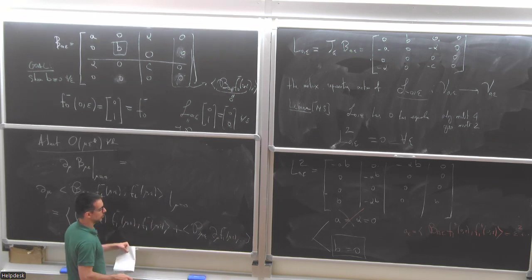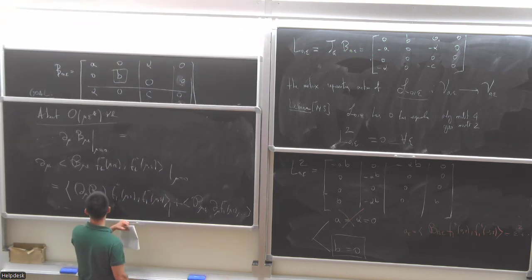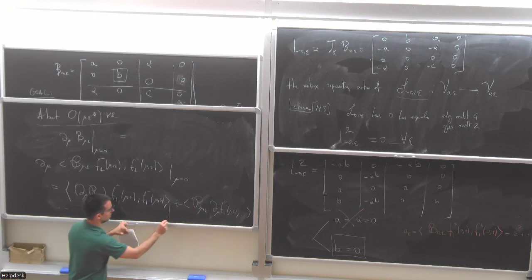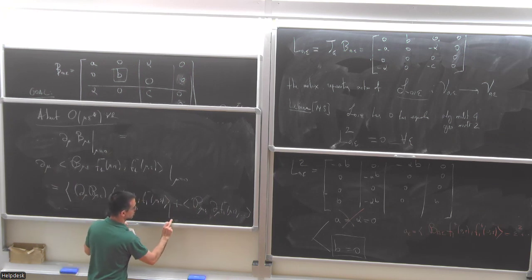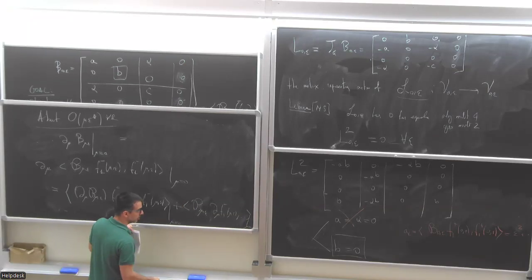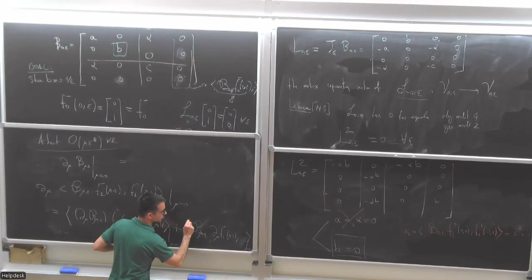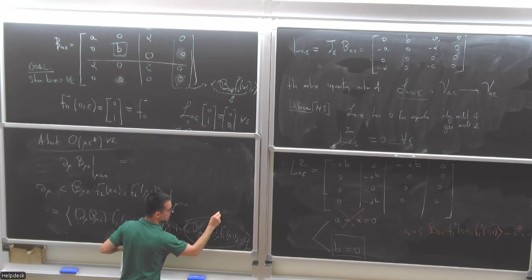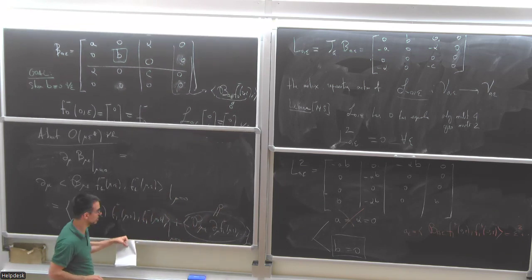And you need to evaluate all of them at mu equal to 0. And this one also at mu equal to 0. So you can show quite easily that it is actually 0. So there is no problem.